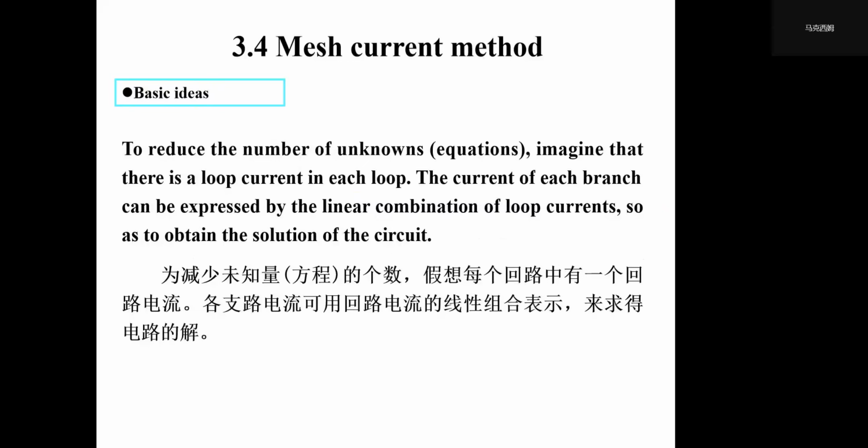So the basic idea of this method is that for every mesh, a mesh being a special loop, we have a mesh current, and all the other branch currents can be represented as a combination of the mesh currents.